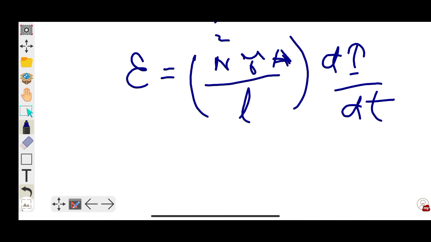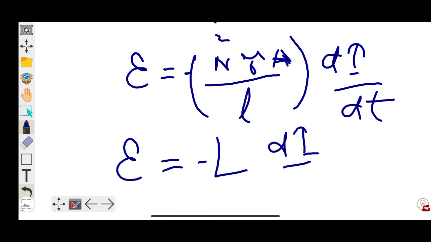It is commonly represented by L. L is the symbol for self induction. Then EMF is L dI upon dt.